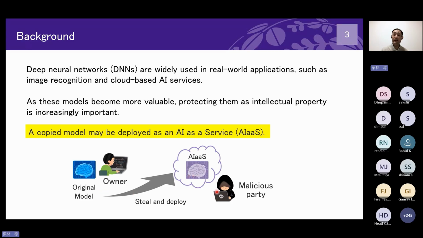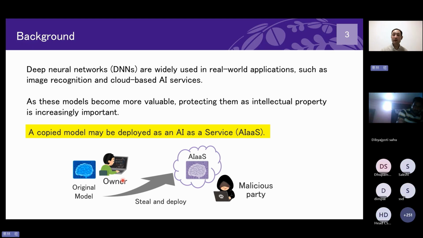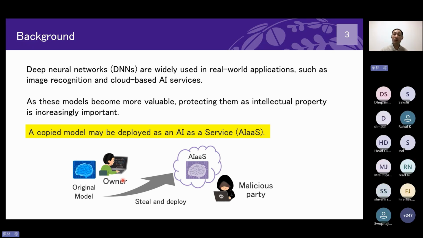So in such a case, the owner wants to claim the intellectual property of the original model, but the malicious party will try to defend against the ownership verification by the owner. So this is a dispute between the owner and the malicious party. So we try to protect the intellectual property of the AI models.